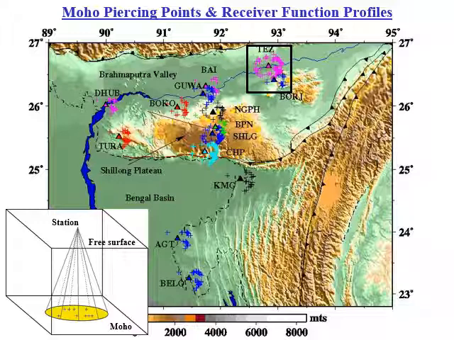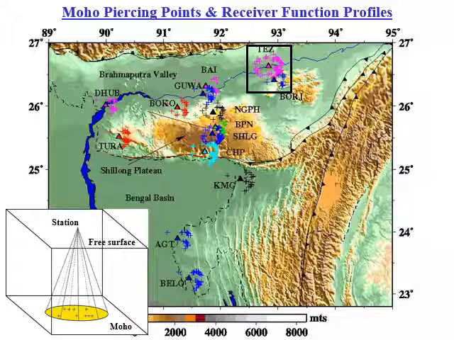What I am showing you on this map is the receiver function piercing points on the Moho for every station along the northern edge of the Shillong Plateau and the Mikir Hills and the southern edge of the Shillong Plateau.